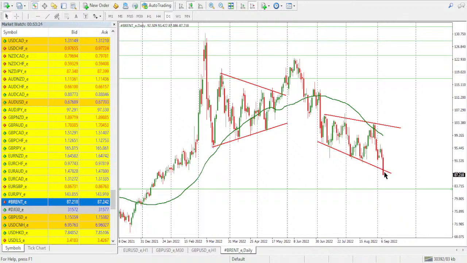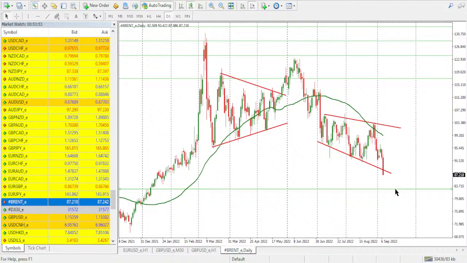Today's candle has already closed below this point, which is a very good sign that we are now sellers, especially if today's candle can pull back and touch this line here. Then this will give us the ideal place to look for a sell from. So we just want to see what happens. We want to see a pullback up to this level, so that we pick a sell position up to this point here.